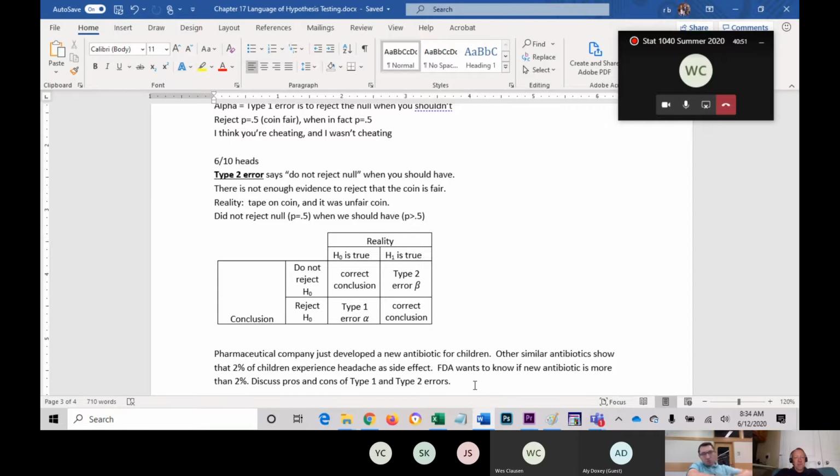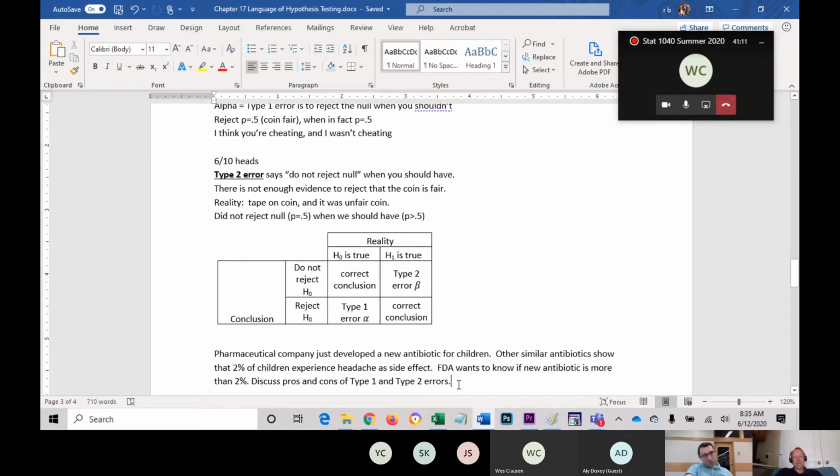All right. So a pharmaceutical company has just developed a new antibiotic for children. Other similar antibiotics show that 2% of children experience headache as a side effect. The FDA wants to know if the new antibiotic has more than 2%.